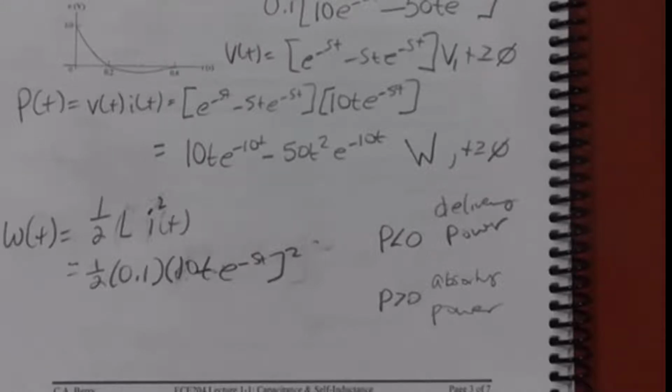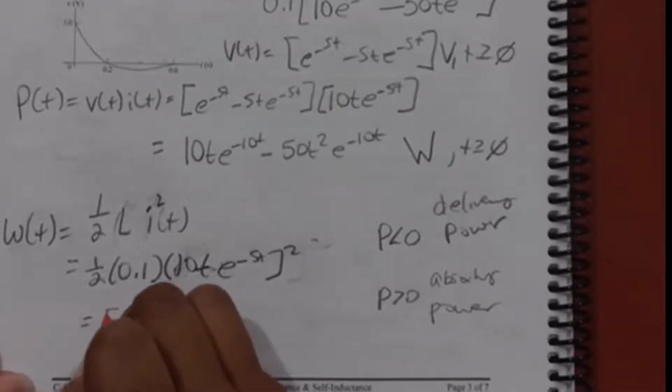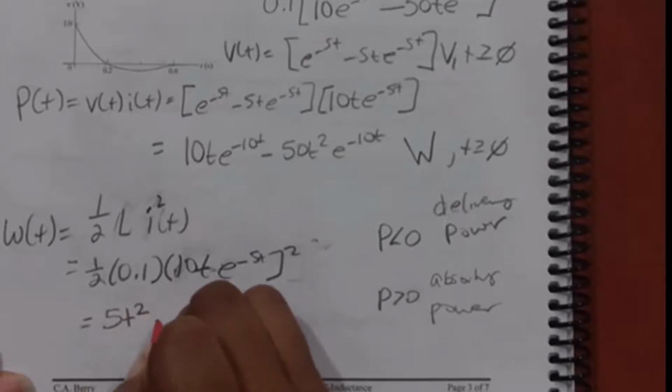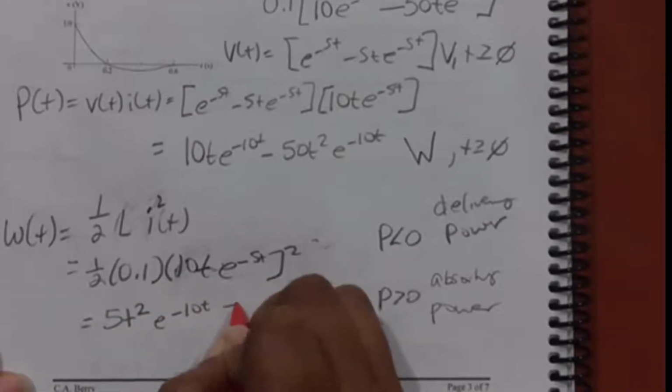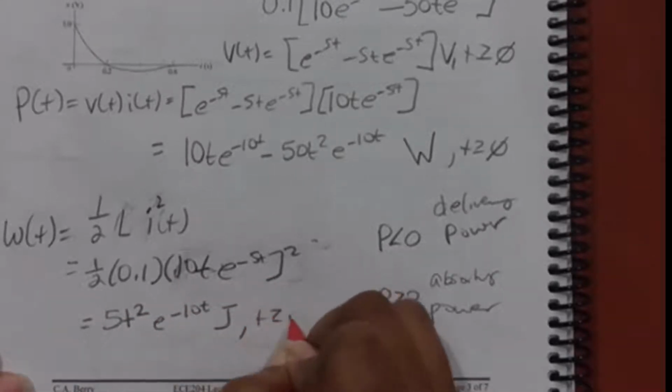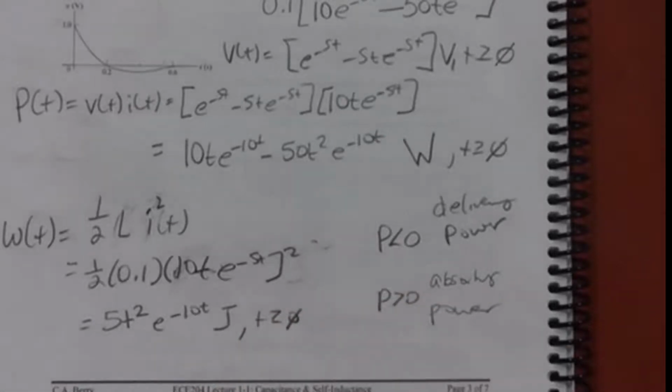So the energy is 5t squared e to the negative 10t joules.